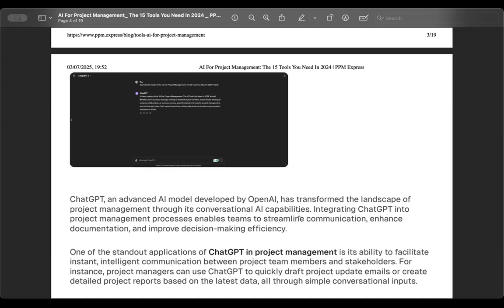Integrating ChatGPT into project management processes enables teams to streamline communication, not only that, enhance documentation and improve decision-making efficiencies as well.